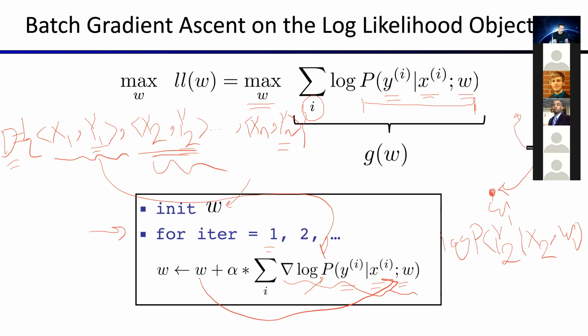The previous one was the log likelihood of the probability of y1 given x1 and w0. So make sure that you understand the difference. The conditioning part was different, not only in the example that you used, but also in the weight that was used.